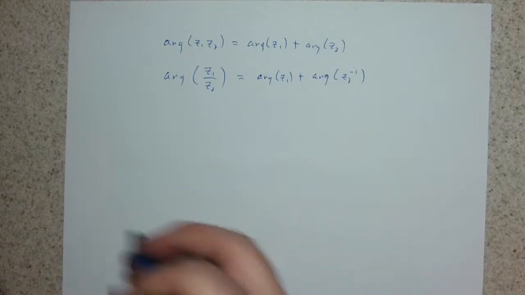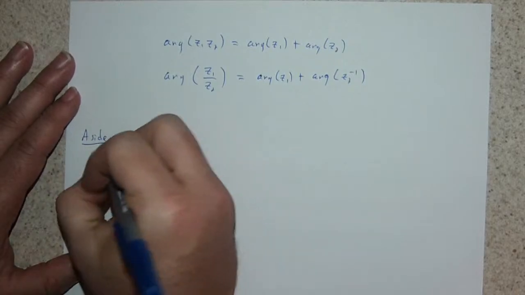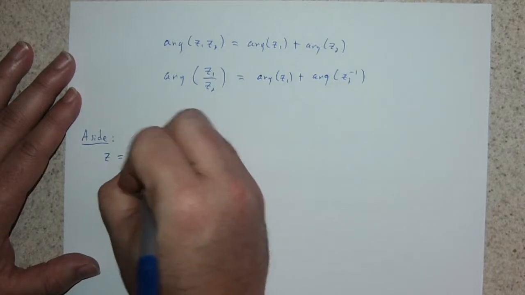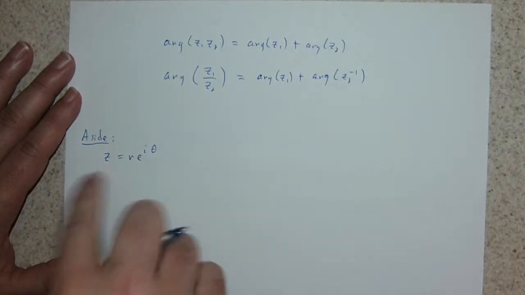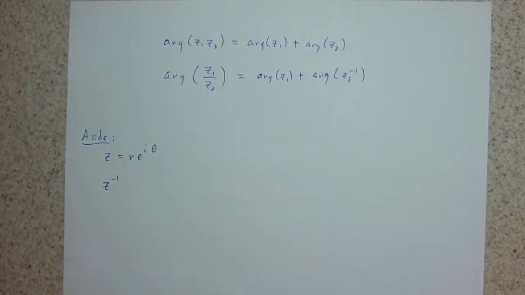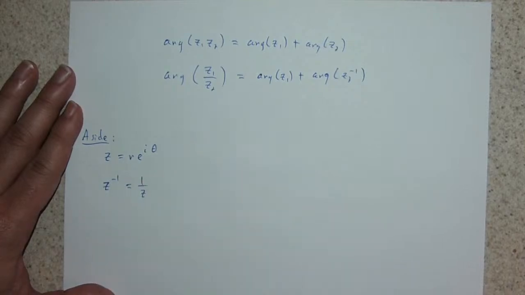So here's a little aside. If I have z in exponential form, what is z inverse in exponential form? You might say, wait, that is kind of curious that you didn't go over that. You didn't specifically mention a formula for that. But I did, because this is actually just 1 over z, and we dealt with quotients in exponential form. So recall, how did I deal with quotients here?